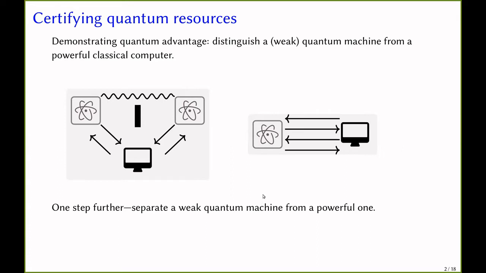So what kind of resource do we care about? For space, it is known that in each setting, there are protocols for certifying the underlying Hilbert space. For depth, this is a relatively unexplored area, and will be the focus of this talk.